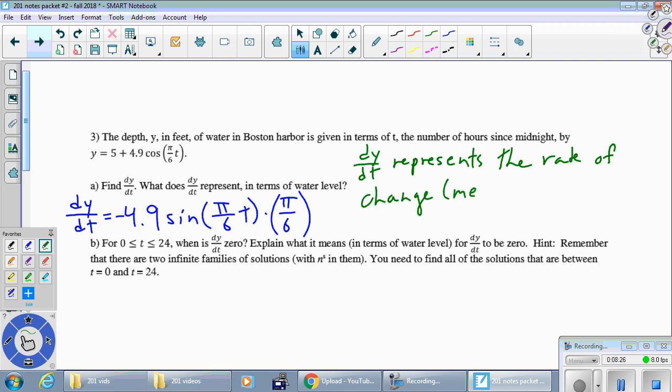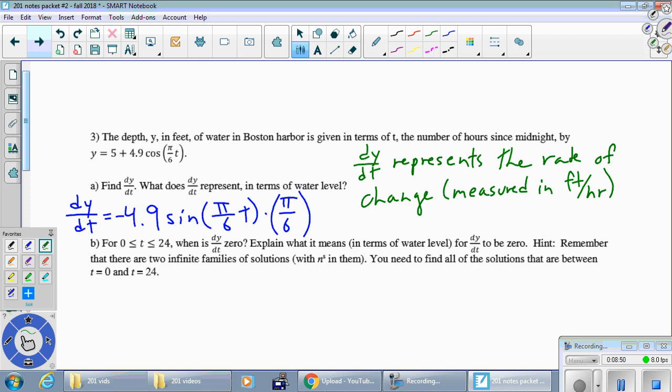Let's go ahead and write the units here. Measured in, and the units we remember for a derivative are just the units of whatever letter is on top over the units of whatever is on the bottom. The y units were feet, and the t units were, where is it? Hours. So this is measured in feet on top and hours on the bottom, feet per hour.